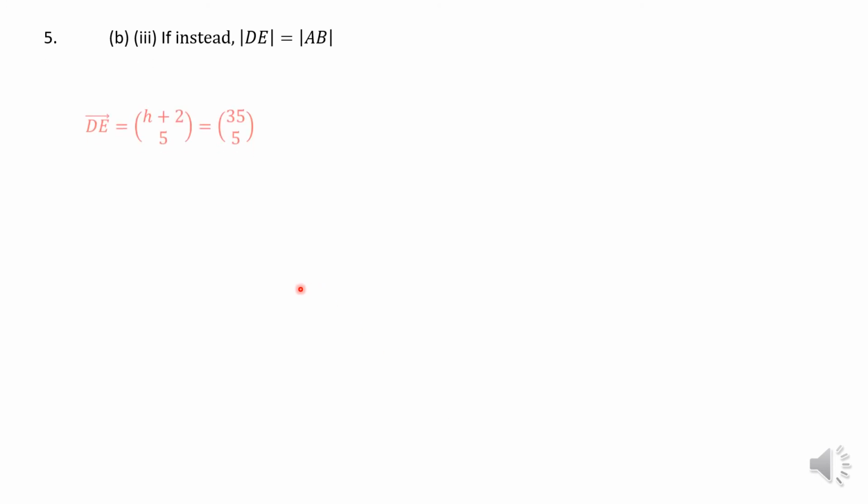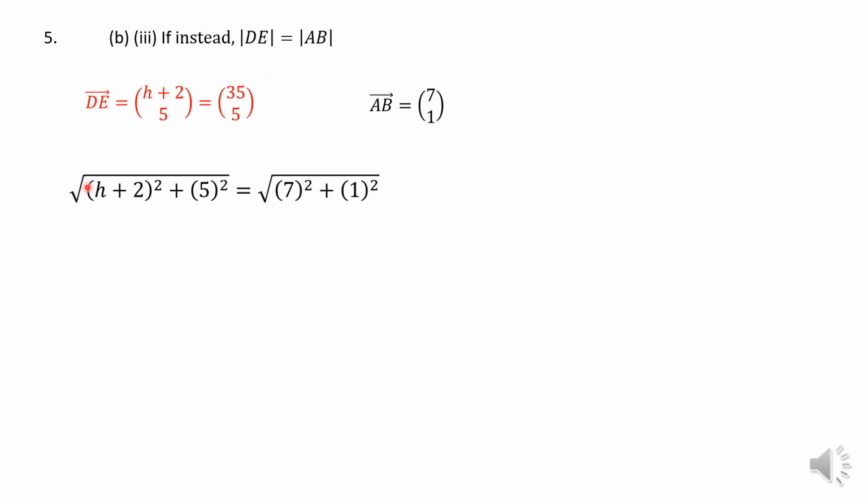Now you have got a third part to this question. They say that the modulus of DE is equal to the magnitude of AB. So now if I bring in my AB as well, when you are finding the magnitude of DE, it's nothing but Pythagoras that we are using.